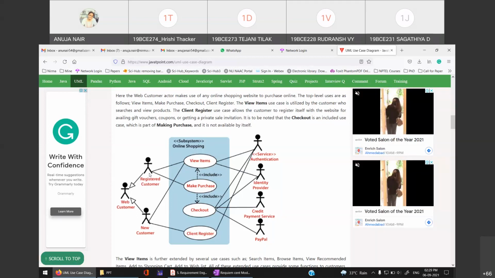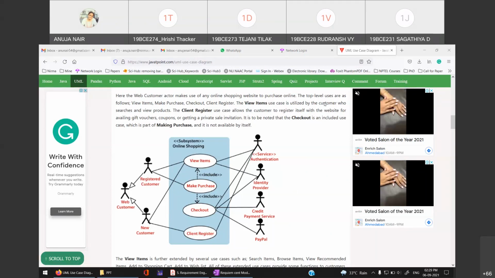If I have connected registered user with view items, which is this relationship? Can you please tell me what is this straight line? I just told you. Is it a relationship?